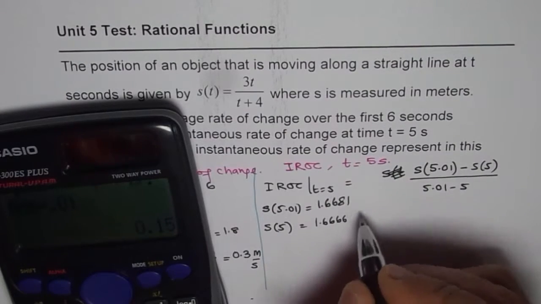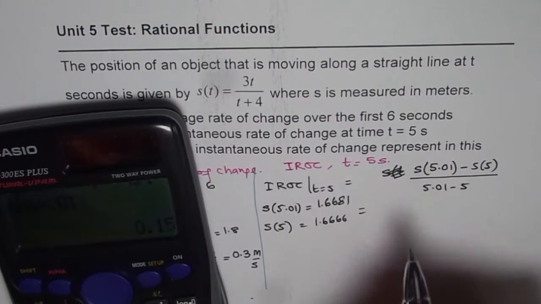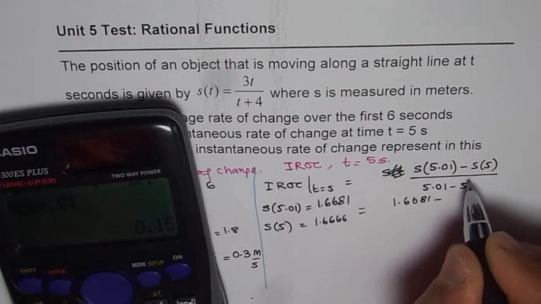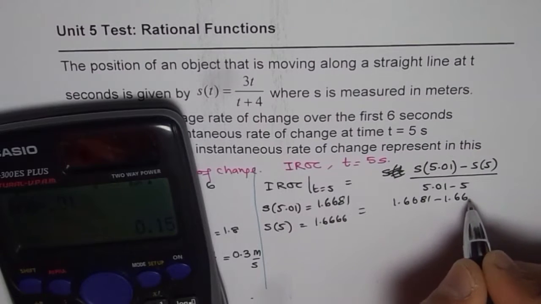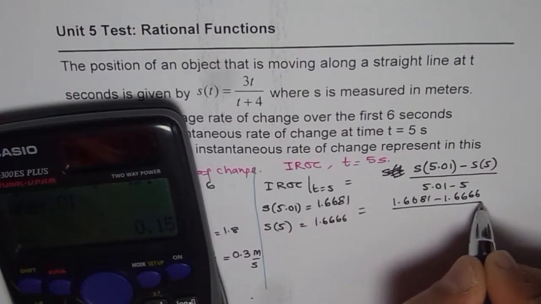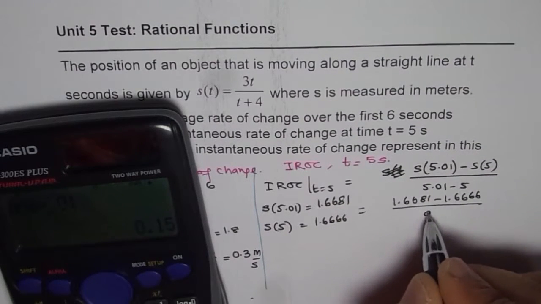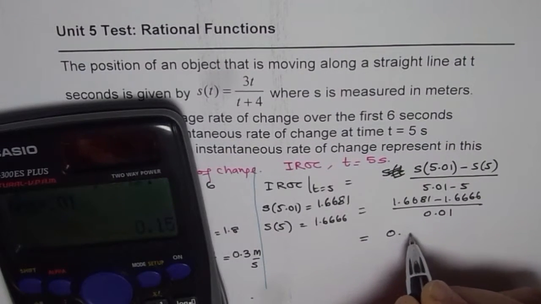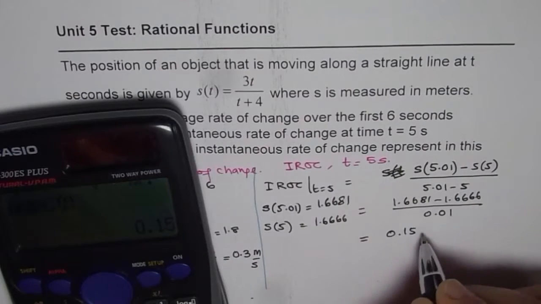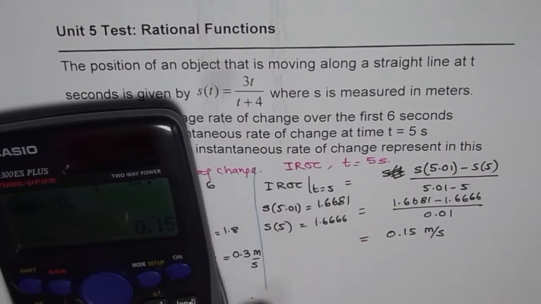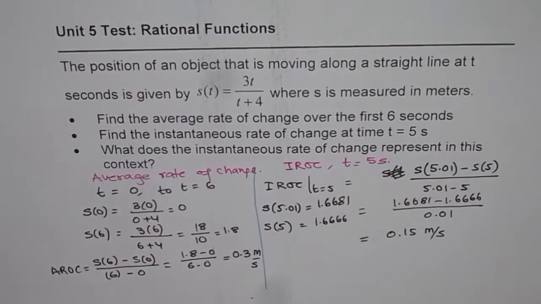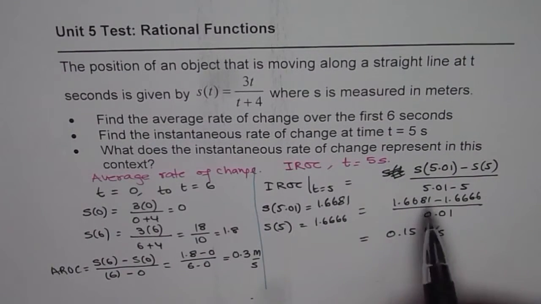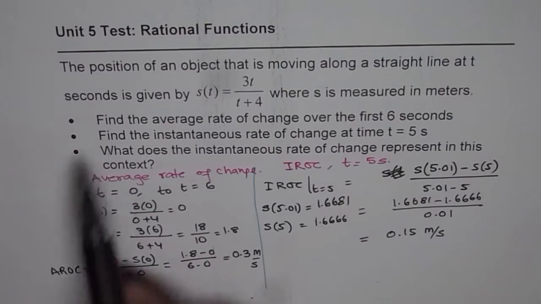So we can plug in these values. s of 5.01 is 1.6681 minus 1.6666 divided by 0.01, and that gives us 0.15 meters per second. So that is the instantaneous rate of change at t equals 5, right? So that is how you can find the answer for the second one.